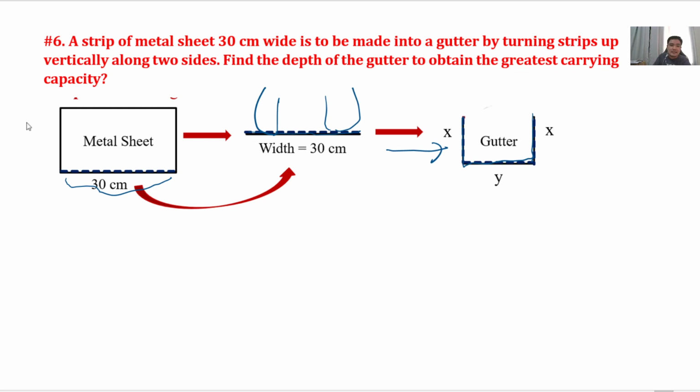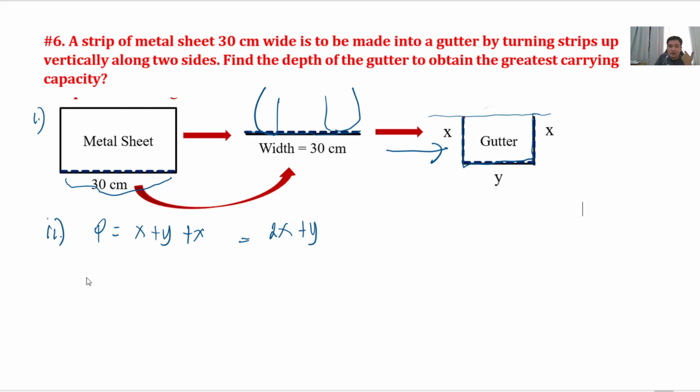Step 2, let's make our equations. As you can see, class, we have a perimeter of 30 centimeters. So, 30 centimeters is our perimeter, which is equal to x plus y plus x, or 2x plus y. And then, the other equation, the auxiliary equation we can get here, is by getting the area of this.